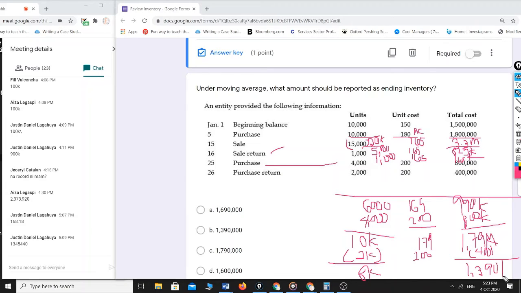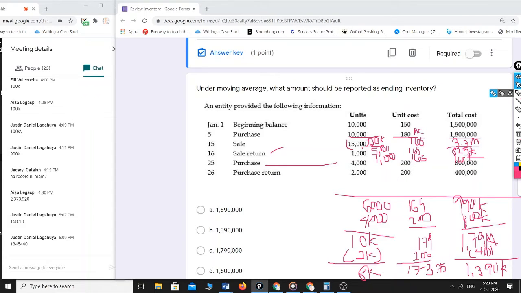This time, we need to compute our updated average cost. That is 1,390,000 divided by 8,000. So our amount is 173.75. This is our new average cost per unit.